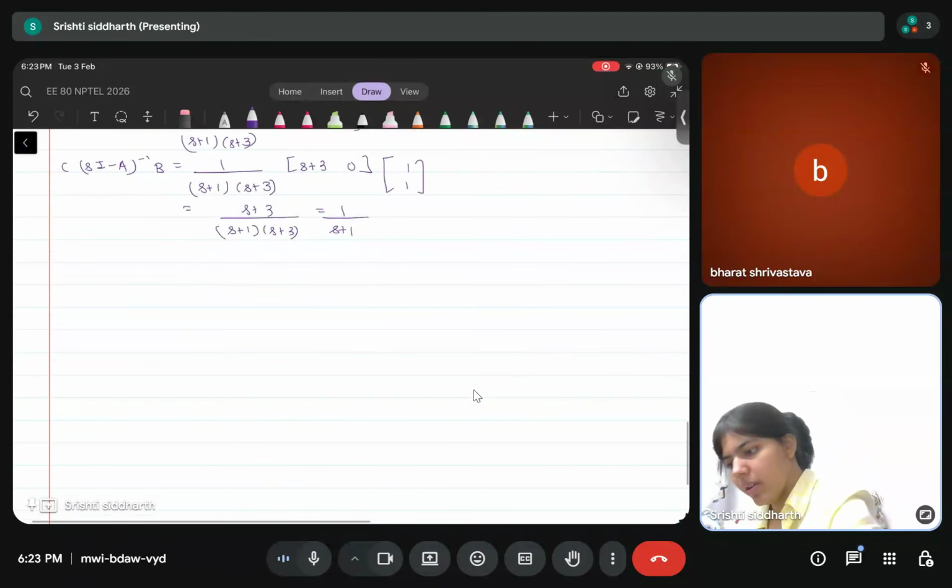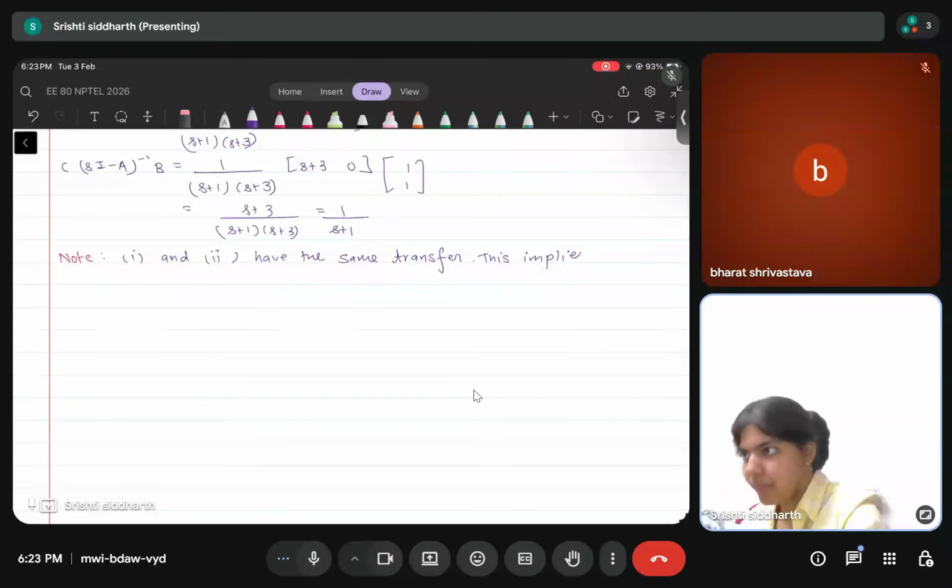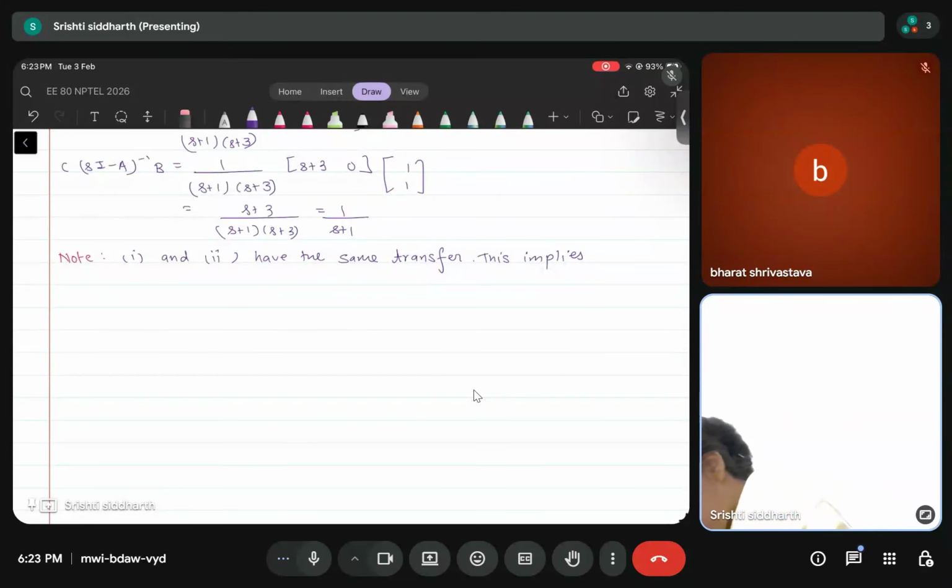So let's see. Parts 1 and 2 have the same transfer function. This implies that the system under consideration is the same.